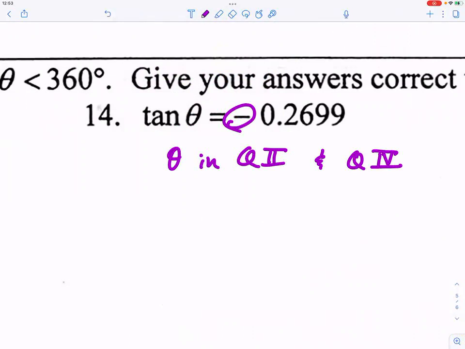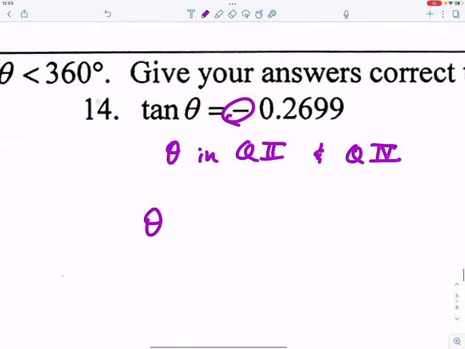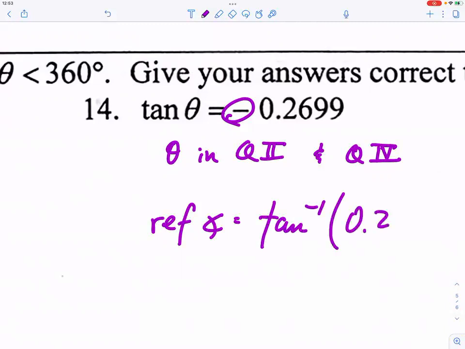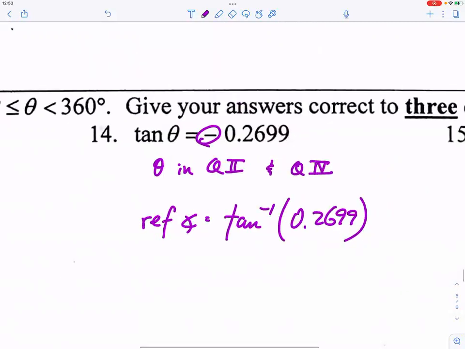And then we say, all right, so what's the angle? So the reference angle, you would type in tangent inverse of the ratio, and we are using degrees. So tangent inverse of the ratio, you get 15.104 degrees.